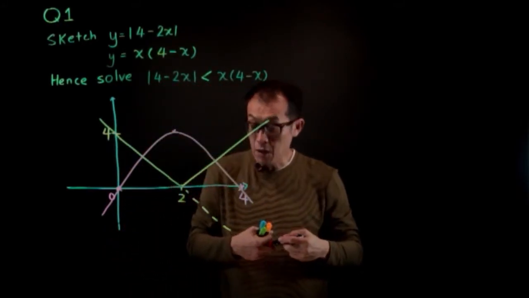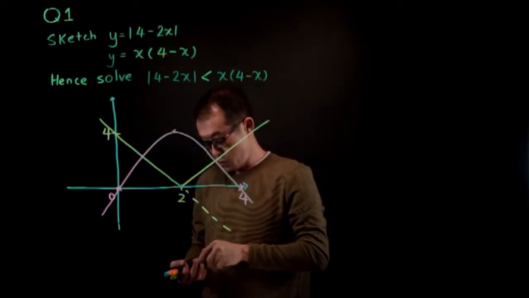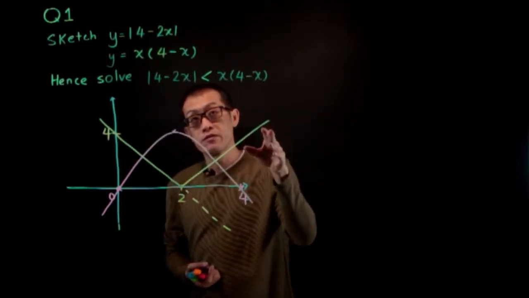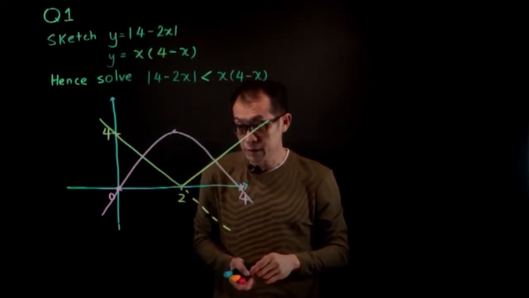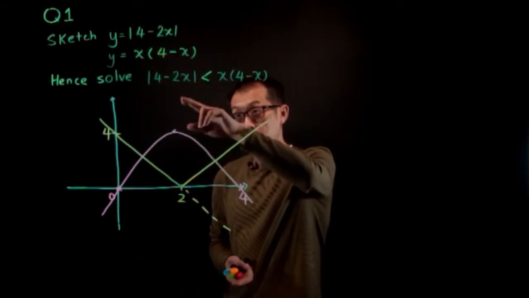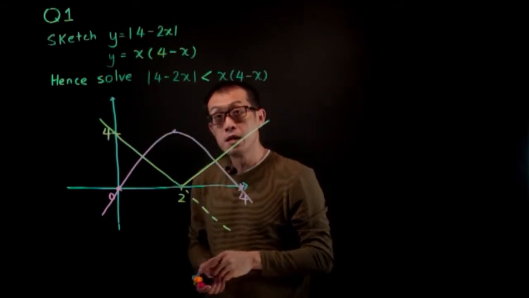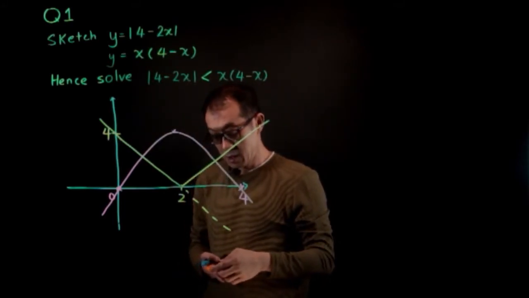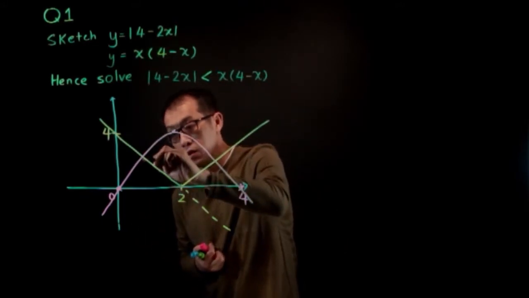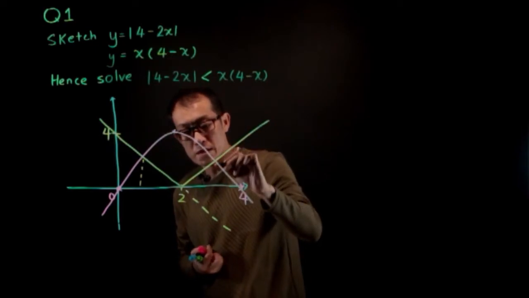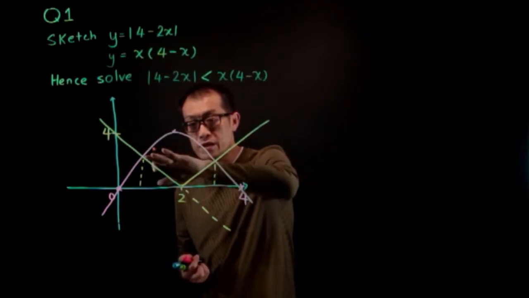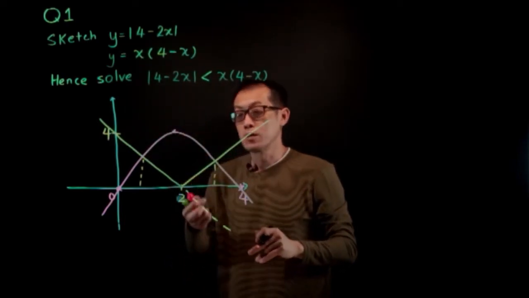Now next, we are asked to use this result to help us to solve this inequality. You want the modulus graph to be less than the quadratic graph. Now if you look at this graph here, for the modulus graph to be less than the quadratic graph, for your values of x, you must take this portion of it, because this part of the modulus graph is below the quadratic graph.